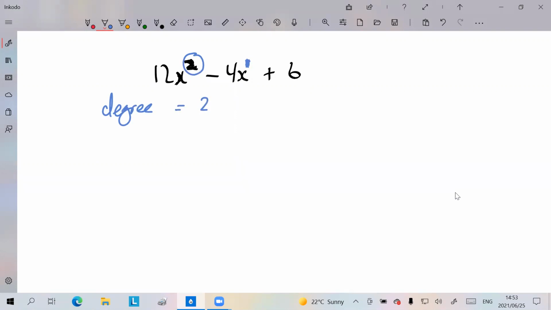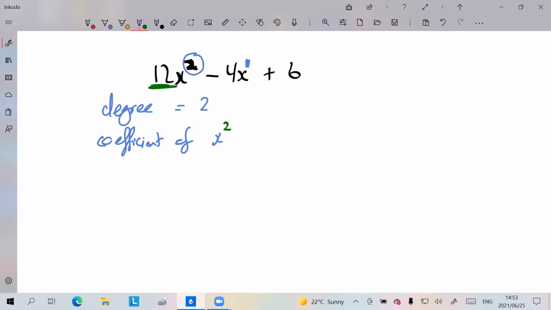What is the coefficient? The coefficient is the number in front of what we need to know. So if I ask you, what is the coefficient of, for example, x to the power 4? Sorry, no, there's no x to the power 4 in this example, x to the power 2. So the number in front of the x to the power 2 is 12.